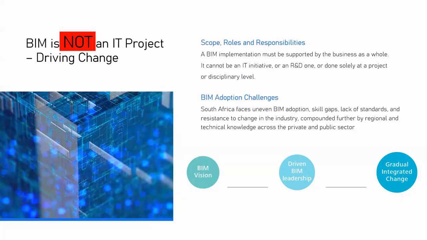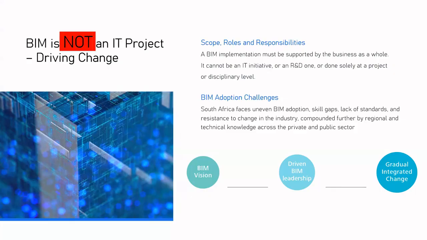BIM covers the whole adoption, but comes in so many different flavors across that spectrum that it's very critical to make sure that we drill down and develop unique BIM solutions that are fit for purpose for our particular applications as consulting engineers.